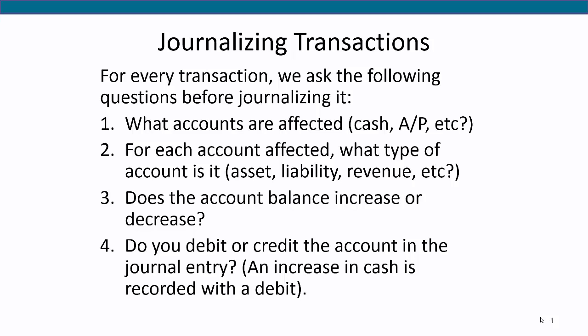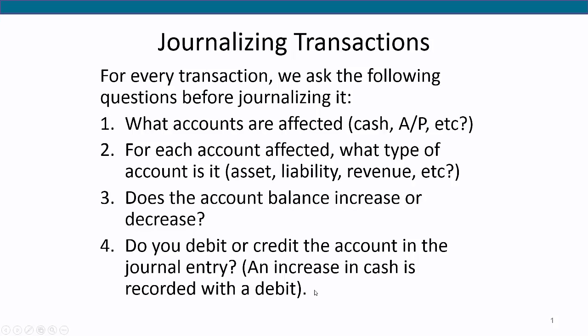Is it an asset, a liability, equity, revenue, expense, etc.? For that account, does the account balance increase or decrease? And finally, to reflect the increase or decrease, do you debit or credit the account in the journal entry? For example, an increase to cash is recorded with a debit.